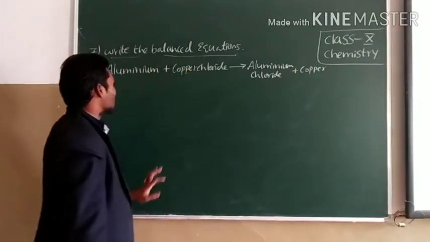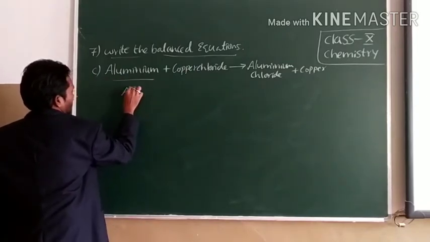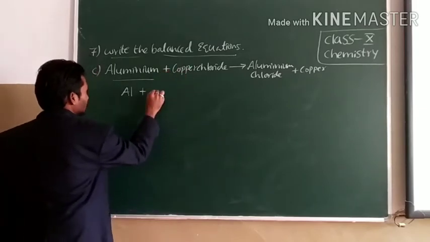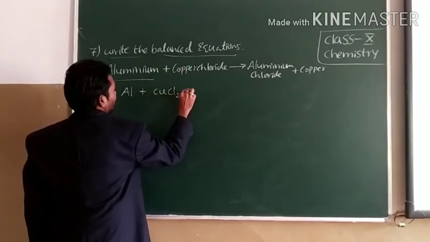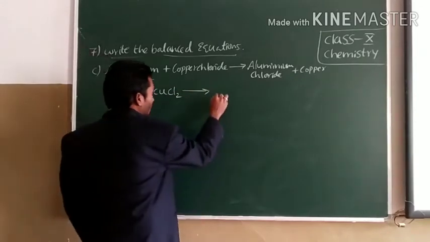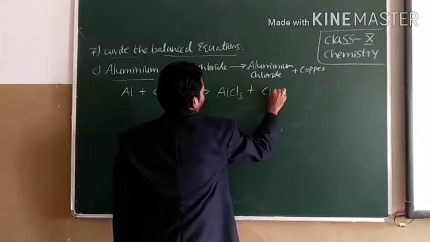Let us balance the equation. Aluminium, symbol of aluminium, Al, plus copper chloride. Copper chloride formula CuCl2 gives rise to aluminium chloride. Formula of aluminium chloride AlCl3 plus copper Cu.